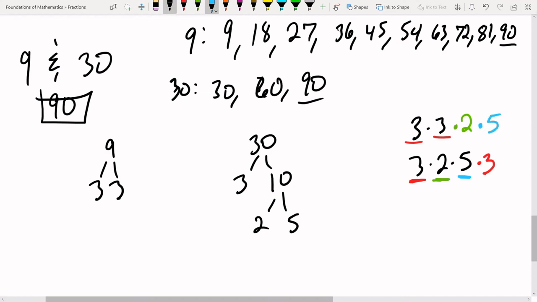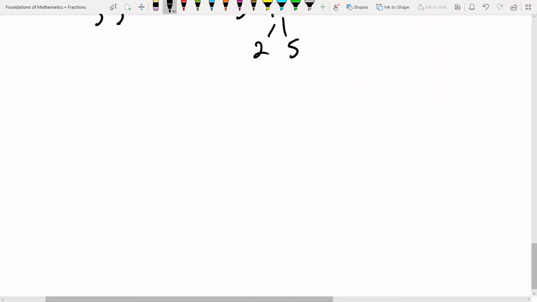And now you see that both of them have the same numbers, two 3s, a 2, and a 5. Multiplying this out, we will get 90 for both. And so that's actually faster than writing out these multiples. This is definitely true when we have numbers like this.